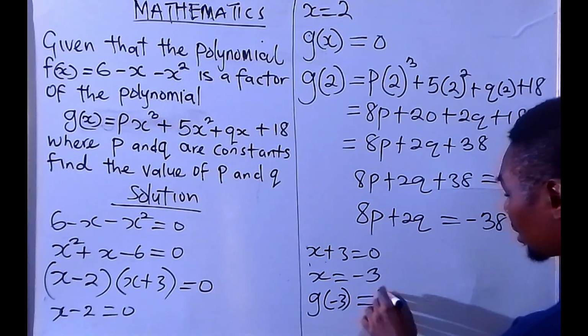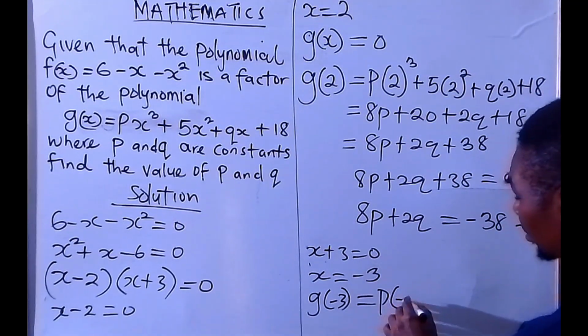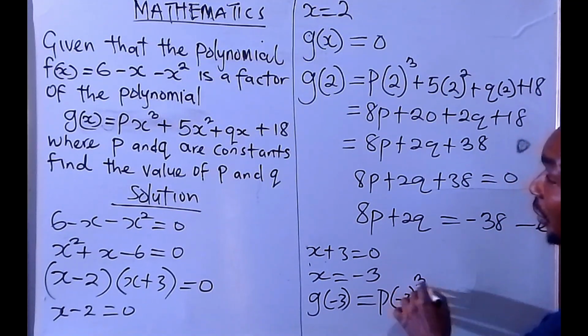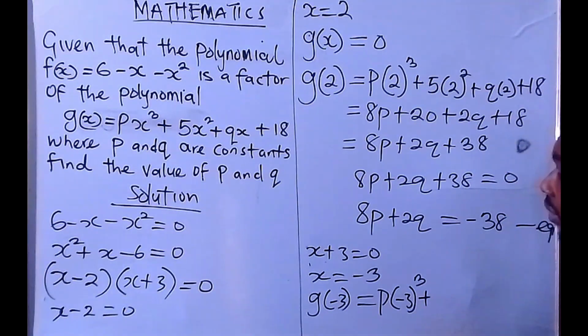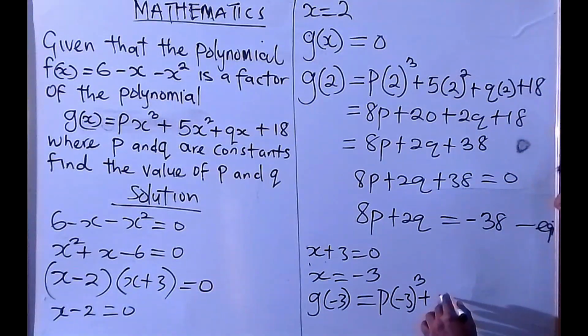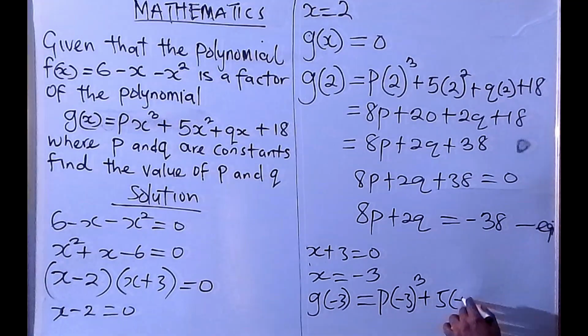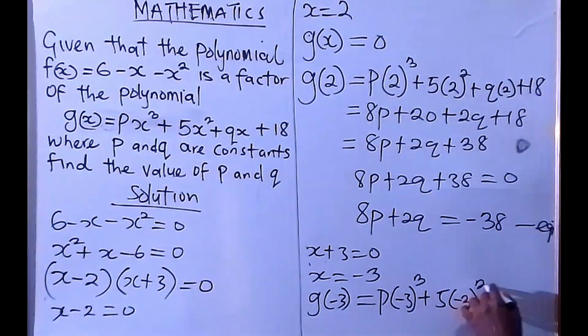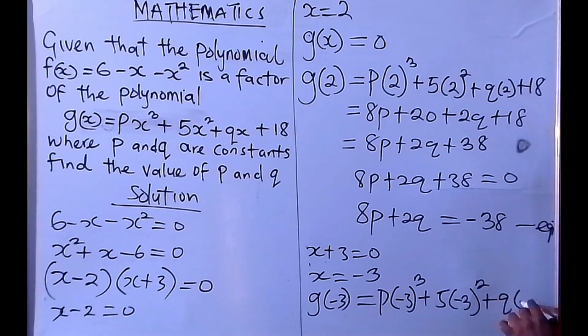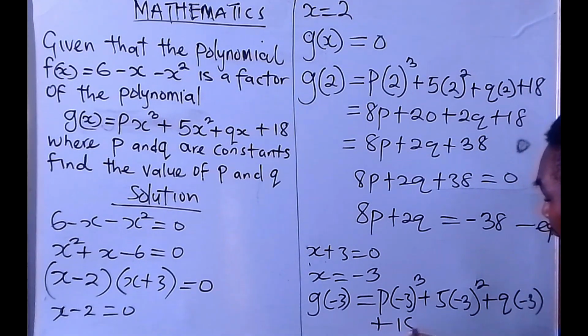So I have p of minus 3 raised to the power of 3 plus 5 into minus 3 raised to the power of 2 plus q into minus 3 plus 18.